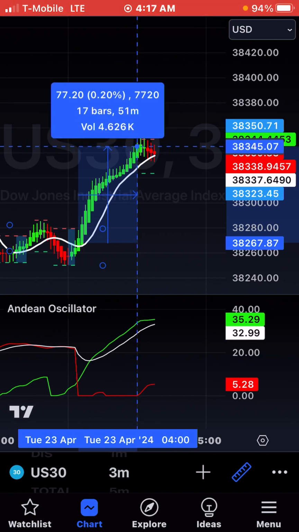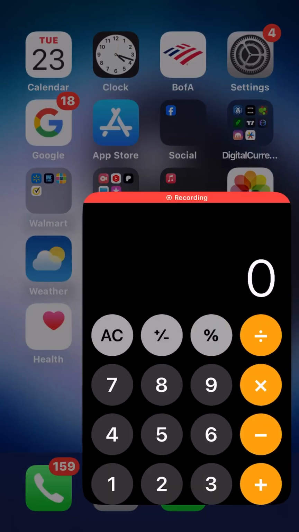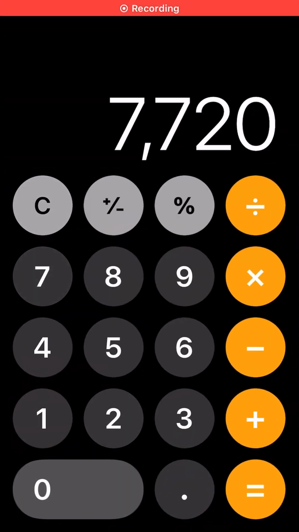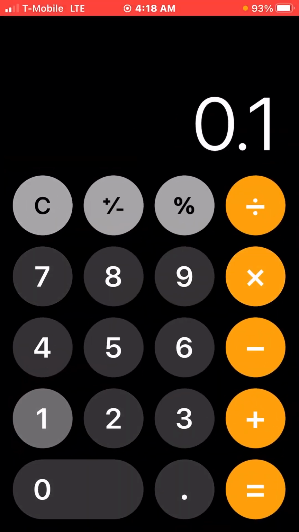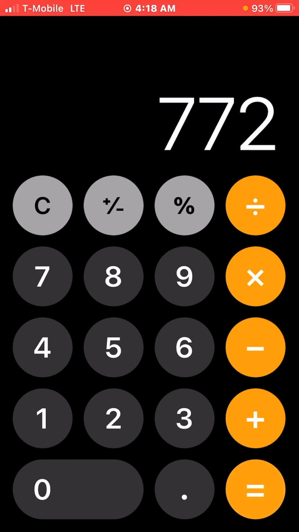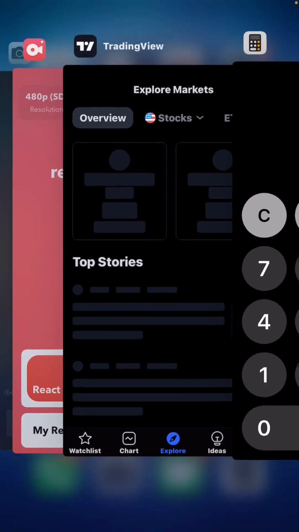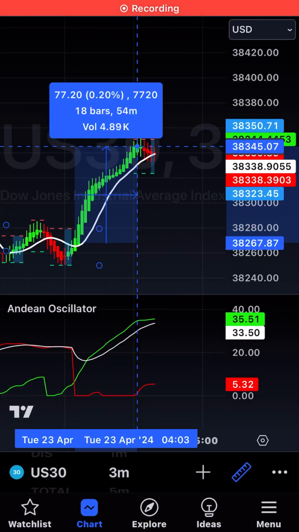So this is 51 minutes, and it's 7720. That's how many pips you got. You did this at a 0.1. You made $772 in 54 minutes.